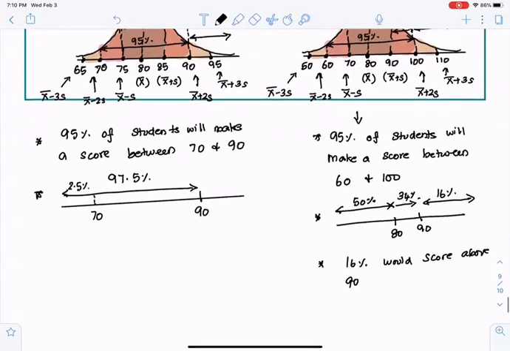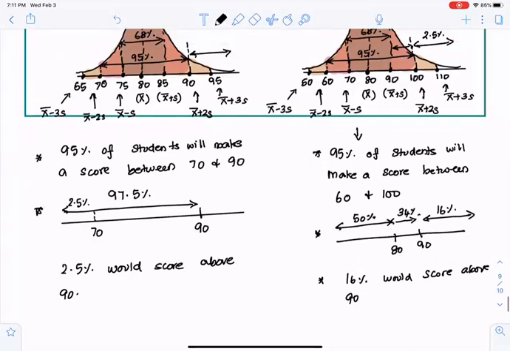So according to that, 2.5% of the students would score above 90. So if you're a great student, then Professor Alpha's class would be better because between 70 and 90, you have a 95% chance.